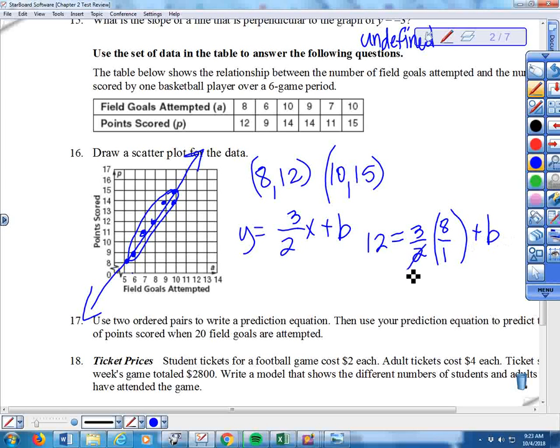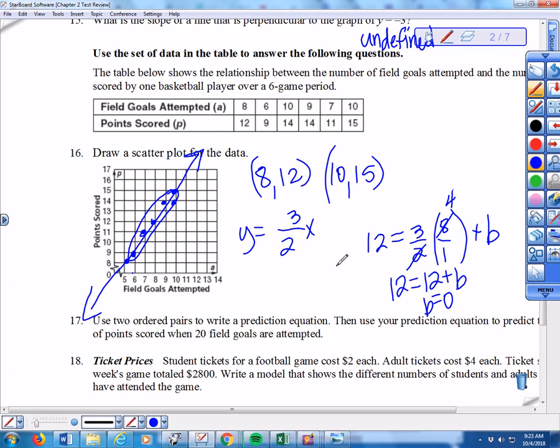This ends up being 12, so I don't get a y-intercept. So my equation is just this one: y equals 3/2 x. And my line does seem to go pretty close to through the origin, which would tell me there's no y-intercept.